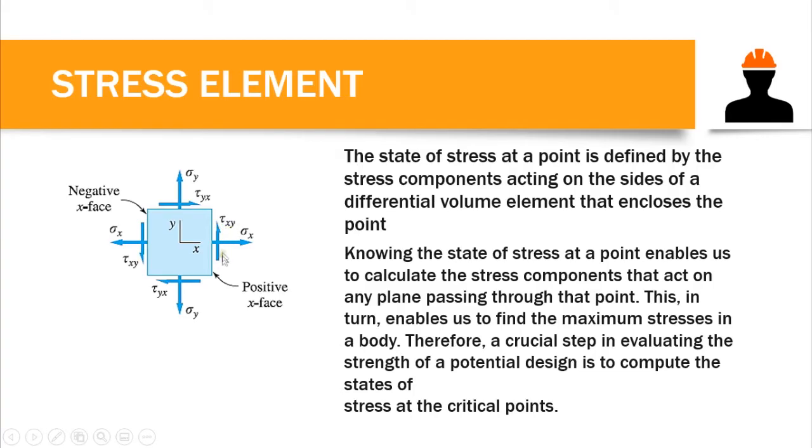So this is acting on the X face, with a direction parallel to our Y-axis. These are the positive faces of our stress element, and this one is the negative face. Again, this stress element represents the state of stress at a specific point in our structure.